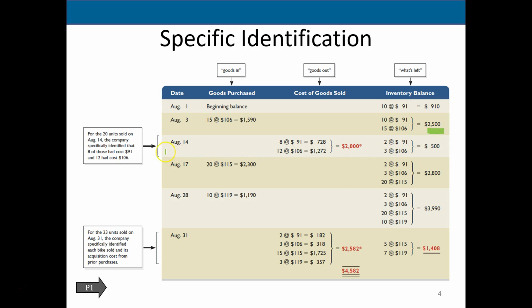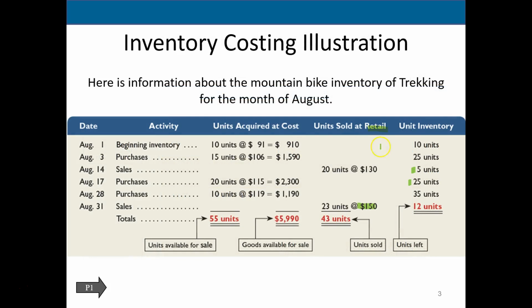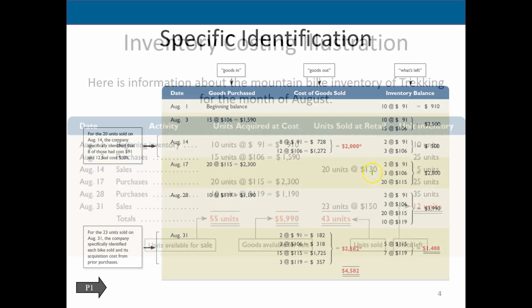Then it says right here, for 20 units sold on August 14, the company specifically identified that 8 of those units were the 91 and 12 were the 106. So now we made a sale. And what they're saying is that 8 of the units, that's not what we sold them for, the 91. That's what we bought them for. We sold them for some number above that. And remember up here, we sold them for 130 each, apparently.